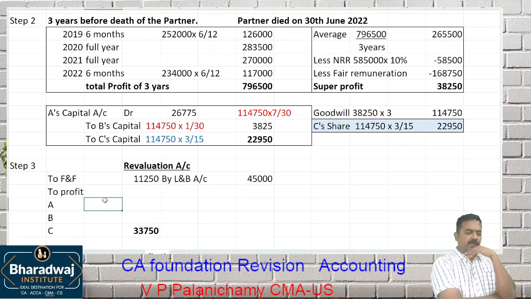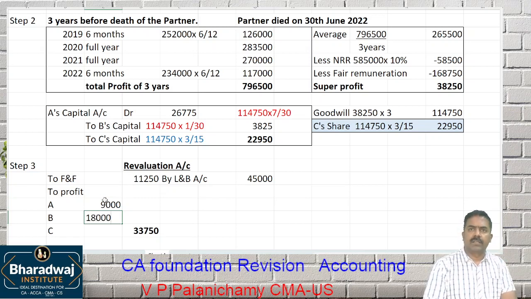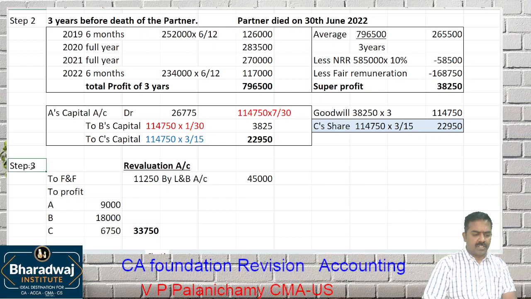What is the revaluation profit? A 9,000, B 18,000, C 6,750.